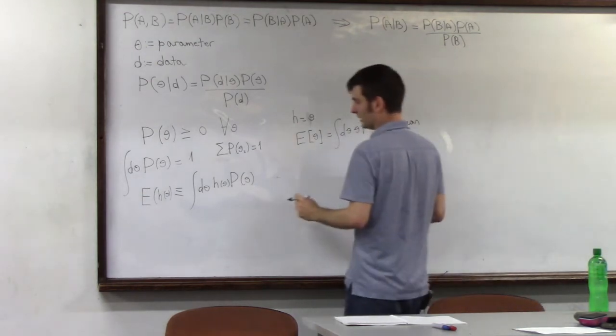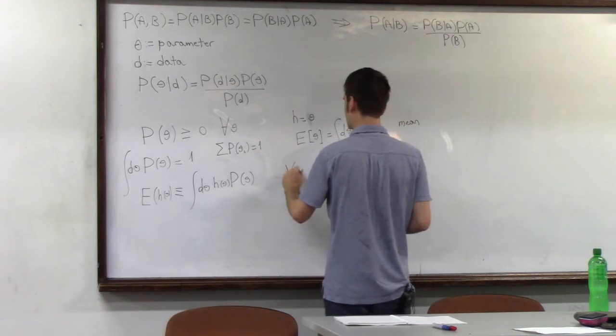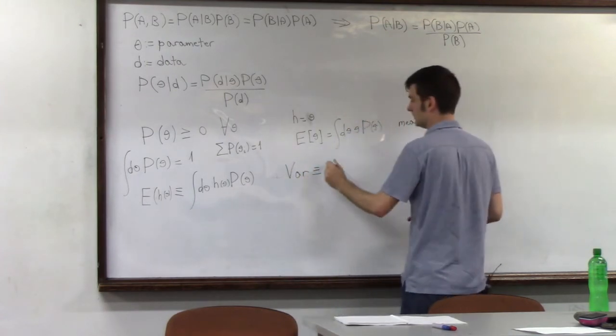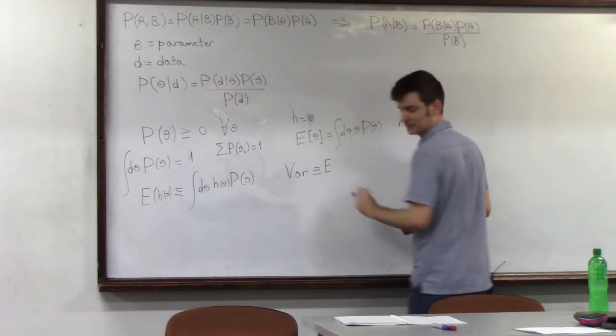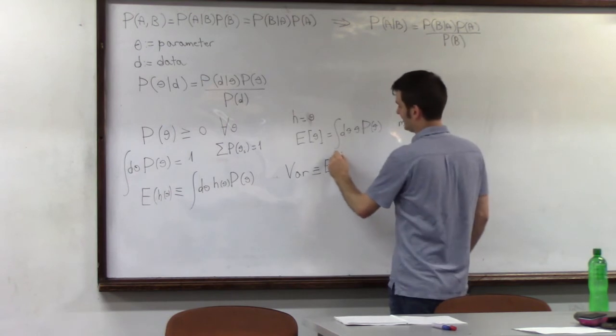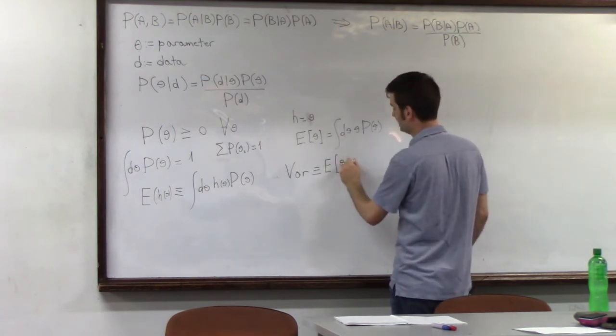And also a commonly used quantity is the variance, which is defined as the expectation value of theta... I have to look at the notes.